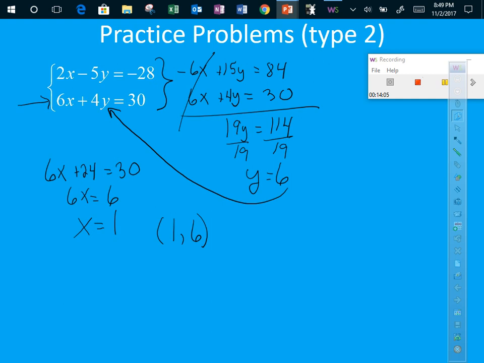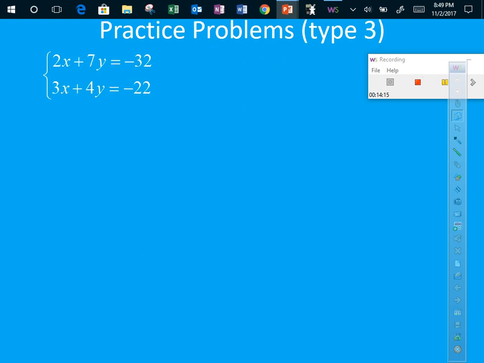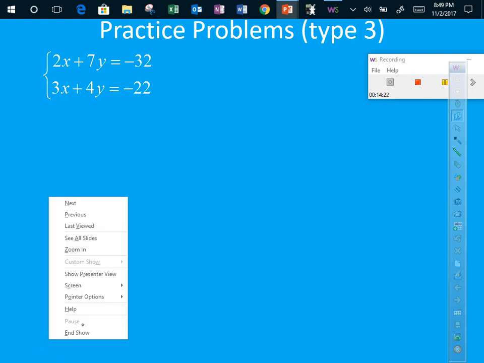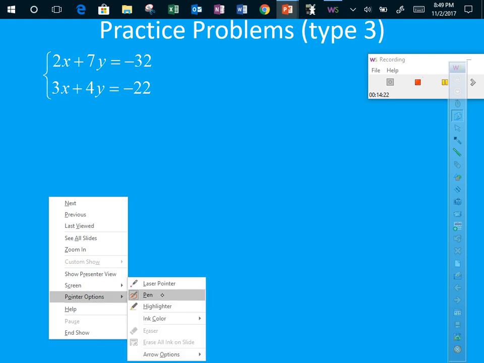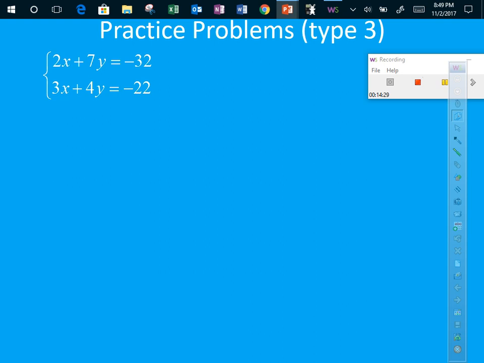Okay? So now, what I've done with you so far is I showed you how to handle it if you had to multiply one equation, if you had to multiply two equations. Now I'm going to show you what happens if you got to multiply both equations. So now, on to your number 6.